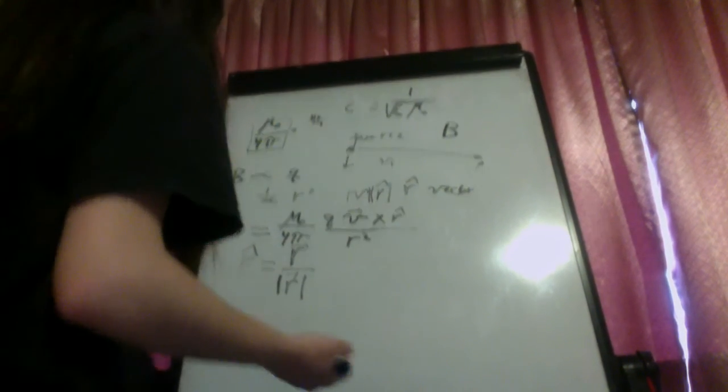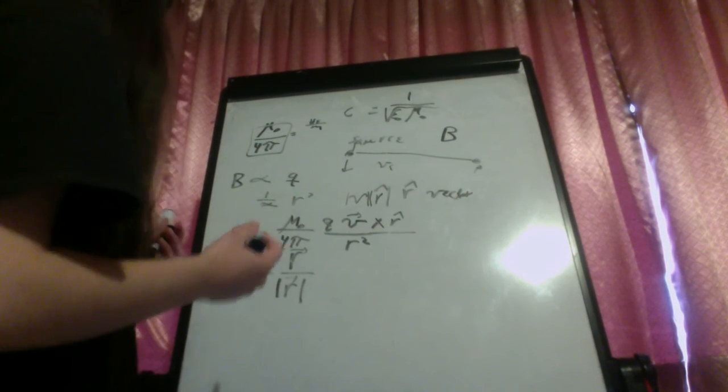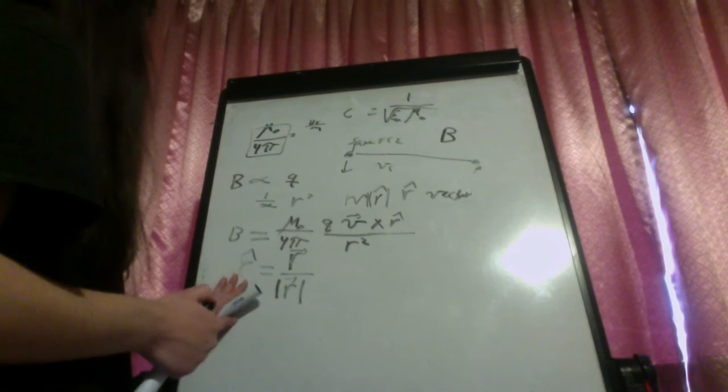This is exactly a vector with length 1 in the direction of r, so that is our r caret.